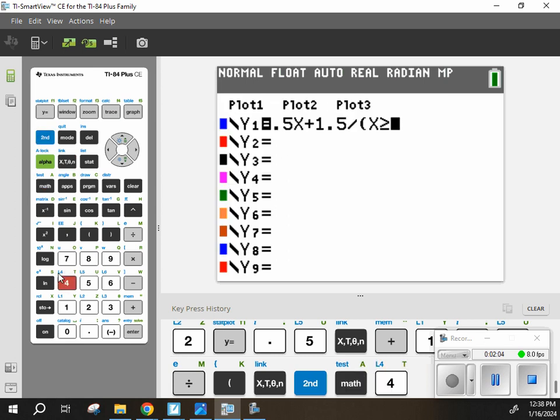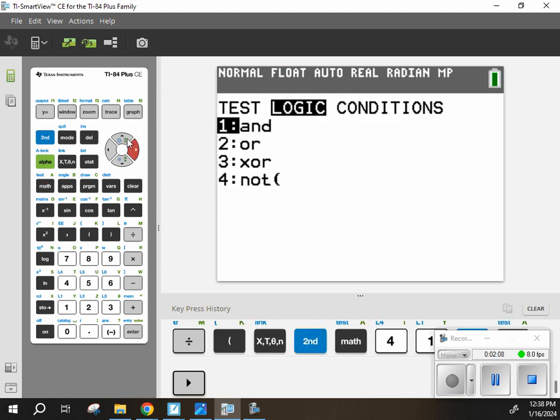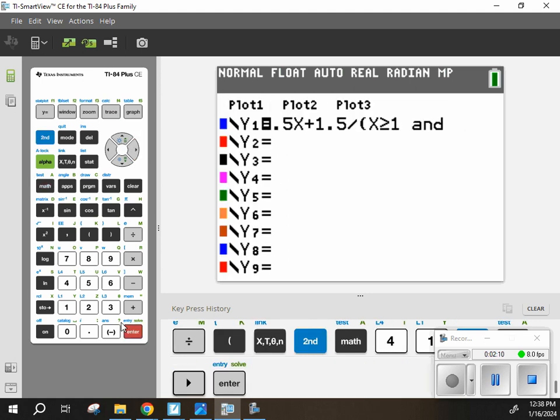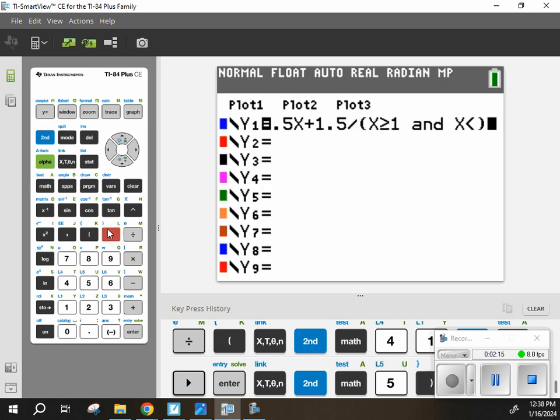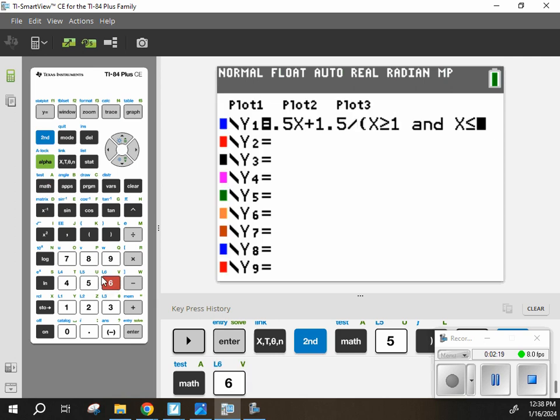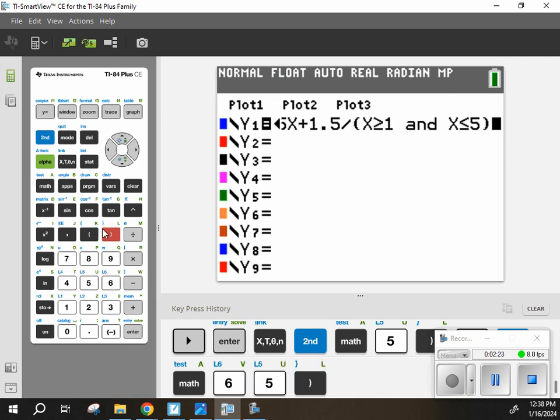So greater than or equal to 1, and second math again, but go over to logic, x is less than or equal to 5. That's what we need to type in there so that the calculator understands what we're saying. We cannot just put 1 is less than or equal to x, which is less than or equal to 5. And then we put y2 in.